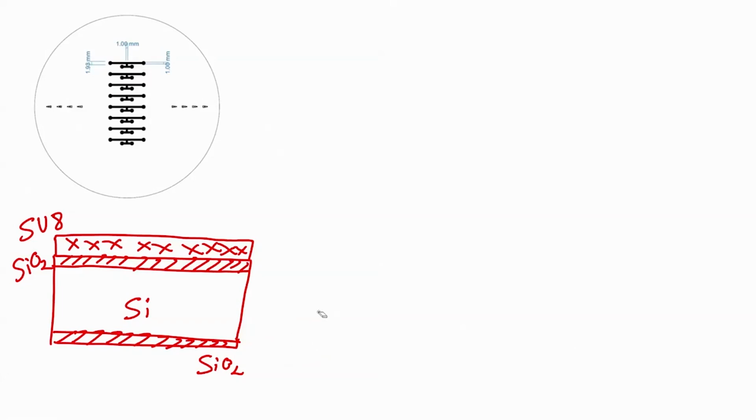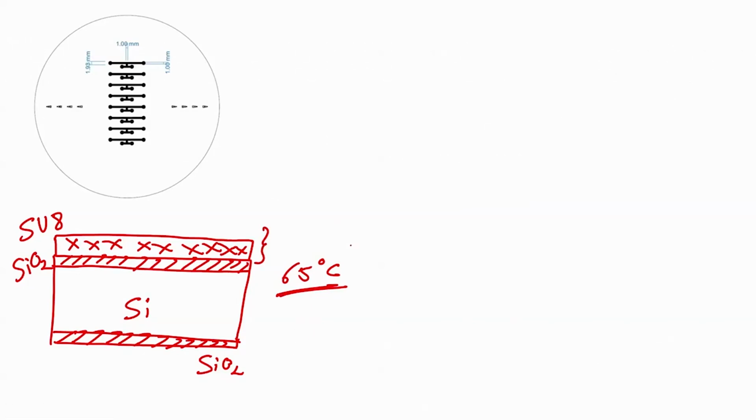After you spin coat SU8, you have to pre-bake it. Now, for SU8 the pre-bake temperature is somewhere around 65 degrees centigrade, and depending on the thickness of SU8 the time also varies, right.